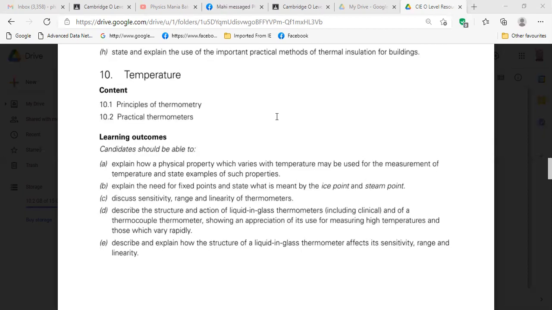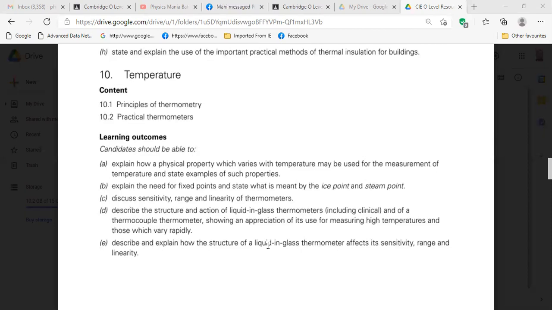Yes, sir. Yeah. So using this property of liquid, the expansion property with linearity, we are making the thermometer.